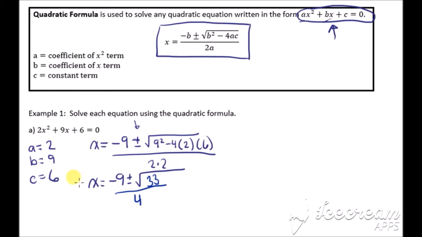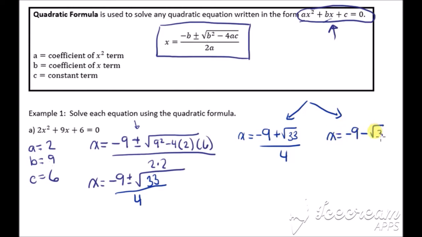Okay, so now this is simplified. Now what we're going to do is branch it off to the plus minus. So we're going to get x equals negative 9 plus root 33 over 4, and then x equals negative 9 minus root 33 over 4.